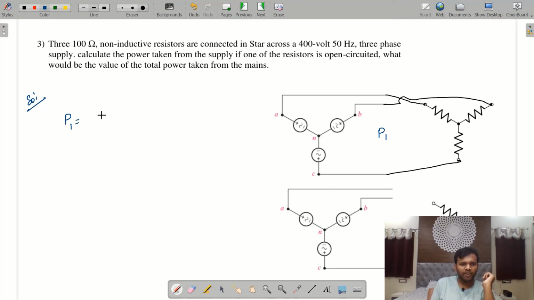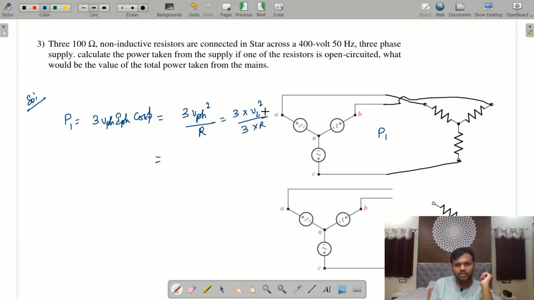So what can you write? P1 equals 3 into V phase I phase cos phi, and as it is a pure resistor, cos phi value will be 1, and we can write it as 3 into V phase square divided by R. Which will be equal to 3 into V line square divided by 3 into R. So V line is 400, 400 square divided by resistance, 100.